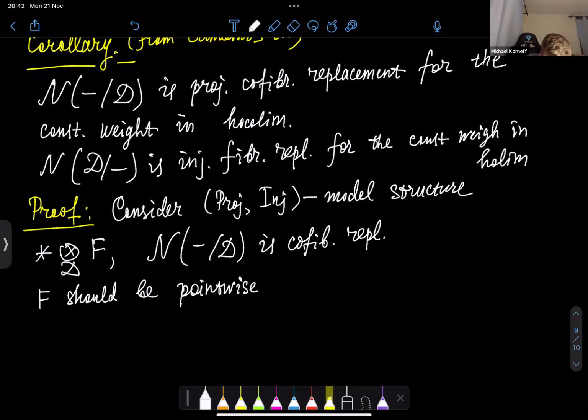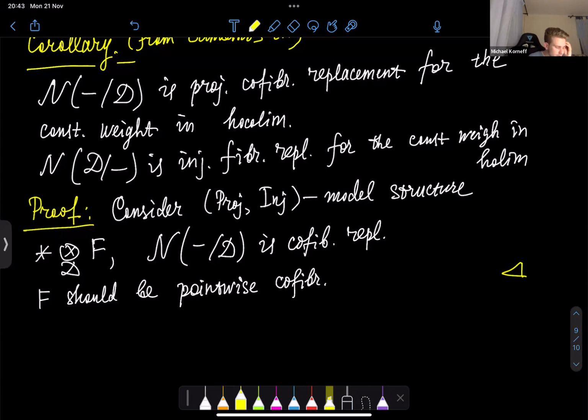It should be a pointwise cofibrant object. Okay.